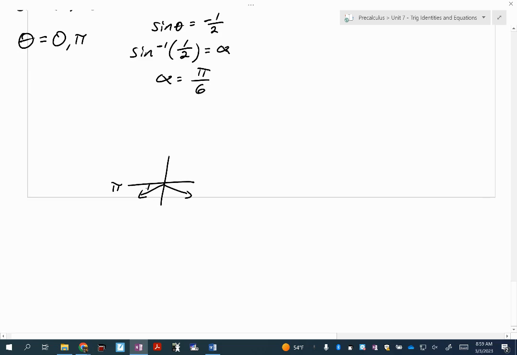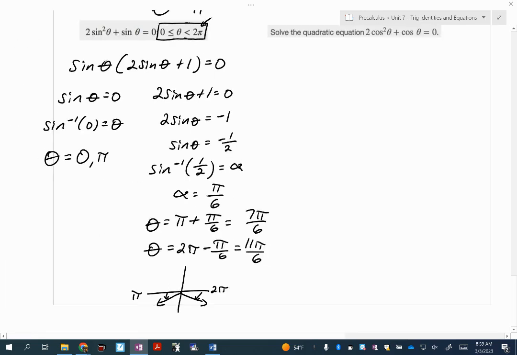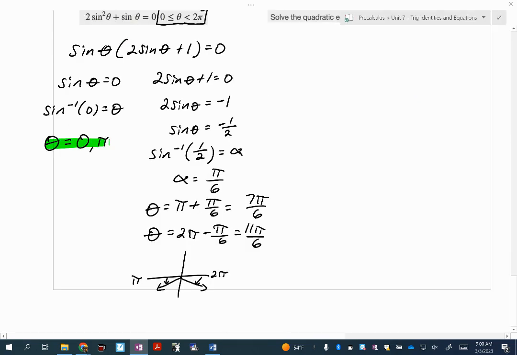So again, that's pi plus the reference angle and 2 pi minus the reference angle for my 2 answers here. So pi plus pi over 6 and 2 pi minus pi over 6. So 7 pi over 6 and 11 pi over 6. Those are the 2 solutions for that one. So you actually end up having 4 different answers for this equation. You've got these 2 thetas, and you've got these 2 down here.